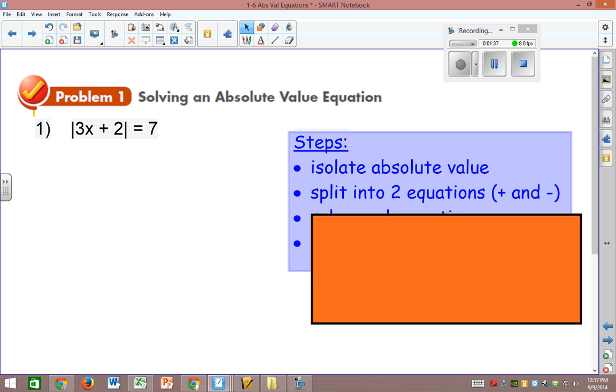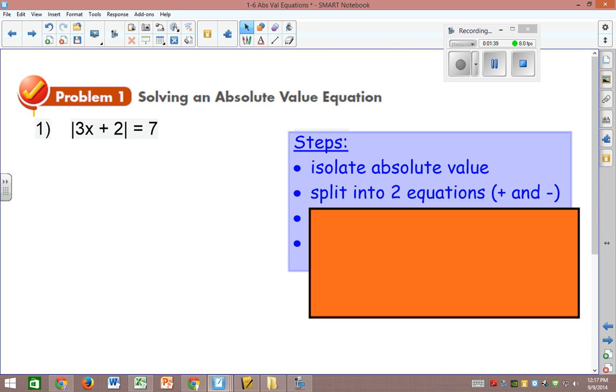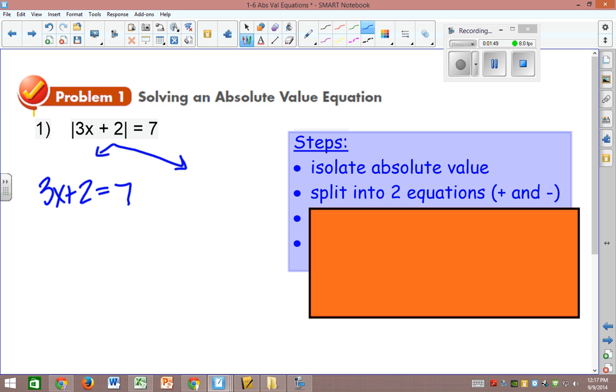All right, next. Now we have to make two equations because we have to accommodate the positive and the negative. So if we have 3x plus 2, that could be equal to 7, or 3x plus 2 could be equal to negative 7. Think about an easy version.